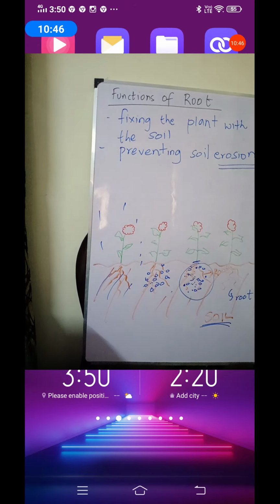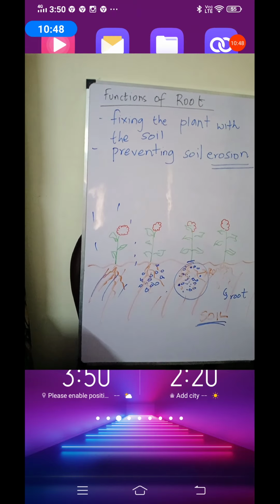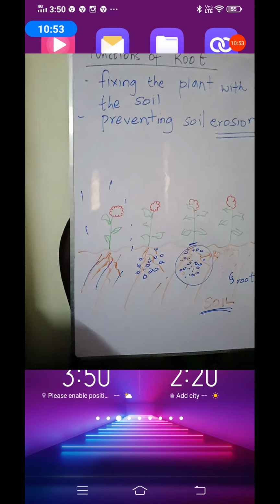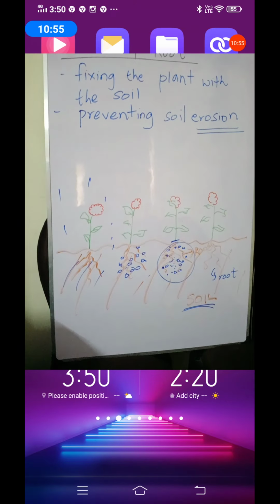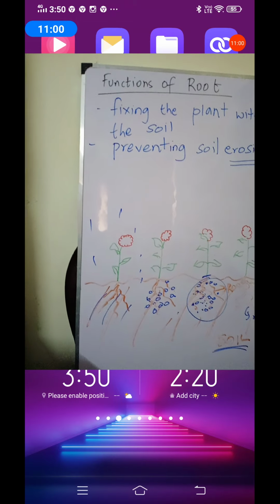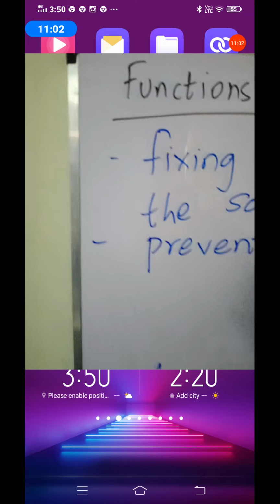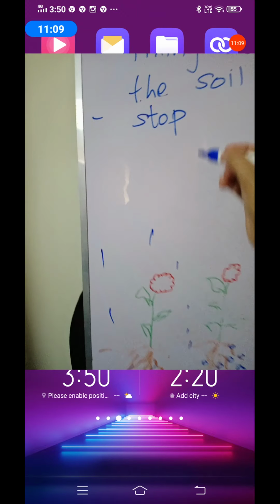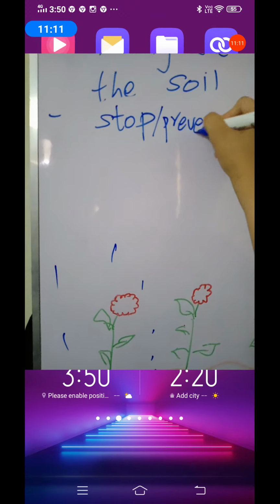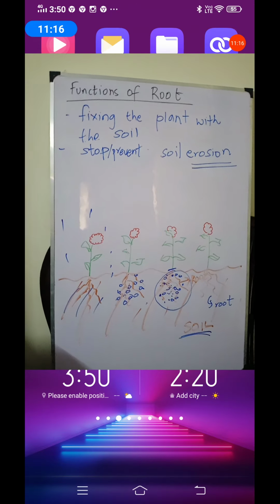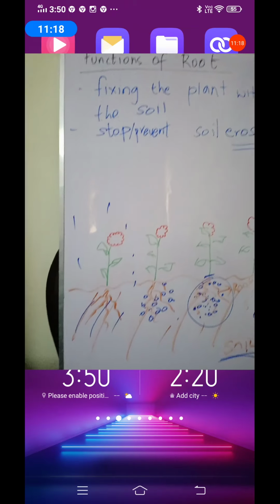It is ensuring that soil doesn't flow, doesn't go, or as we say scientifically, doesn't erode. Preventing soil erosion. Preventing means what? Stopping. Instead of preventing, you can use the word stop. Stop soil erosion. Or I can say prevent soil erosion. Isn't it? Now let me look at the third point.